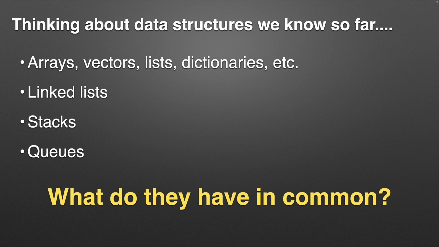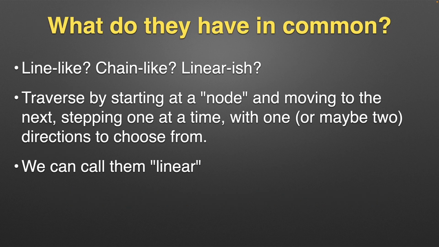In this course so far, we've looked at linked lists, stacks, queues. And what do these have in common? Yes, they're all linear. That's the perfect answer. You might say they're kind of like a line or a chain, linear-ish, and we'll definitely call them linear.